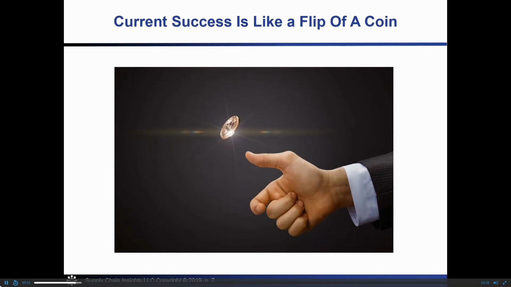However, today, based upon our research, and we sit on 9,000 responses, current success is like a flip of a coin. 50% of people are satisfied with their current demand management solutions, which I define as forecasting plus demand sensing along with business analytics to use the data.